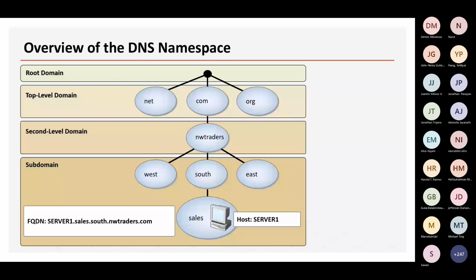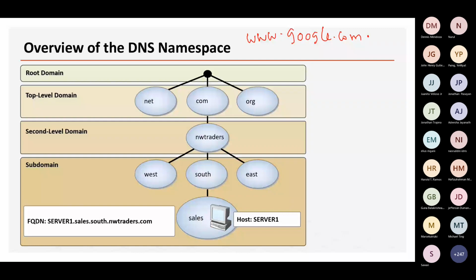This has a structure, and it is always represented with a root domain. For example, if you type google.com, it is actually www.google.com. There is a dot also available, but we are not using this.